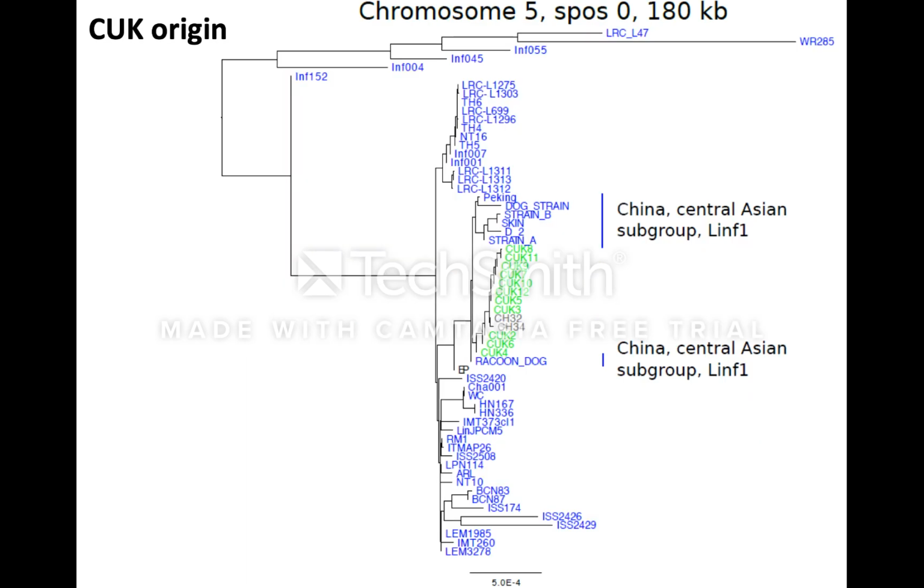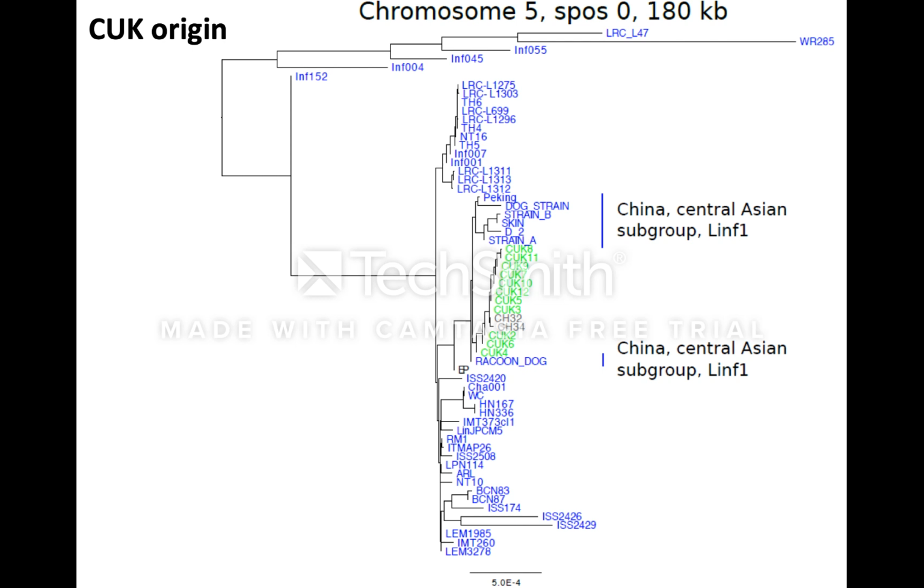The paper details that if we look at particular segments of the genome, we can compare these green samples from Cukurova in Turkey to the CH32 and CH34, and what we see is that some sections of the genome are very similar to Leishmania infantum from China.